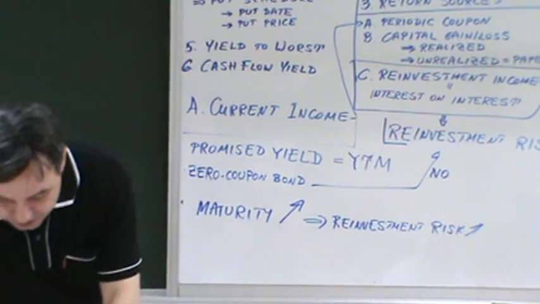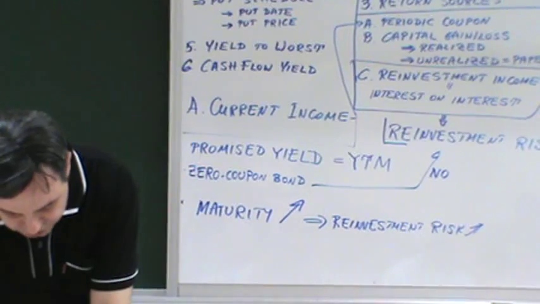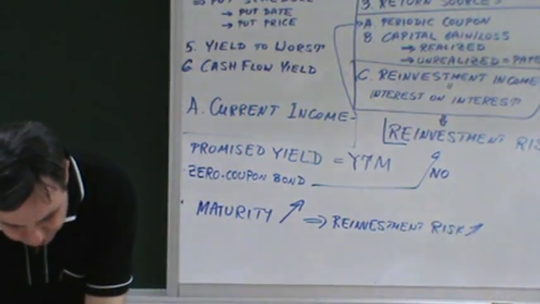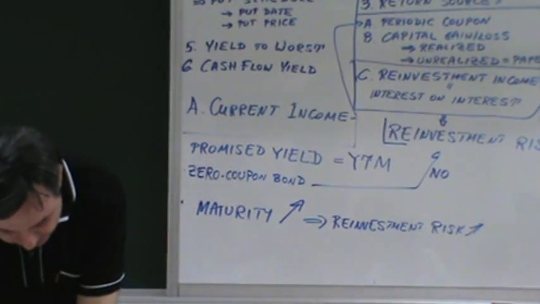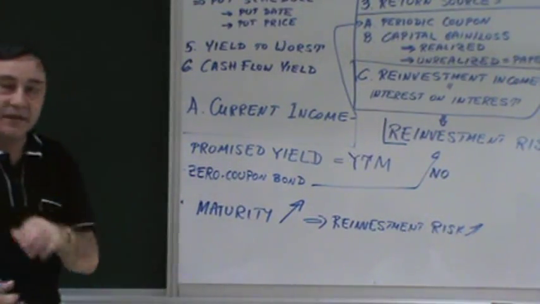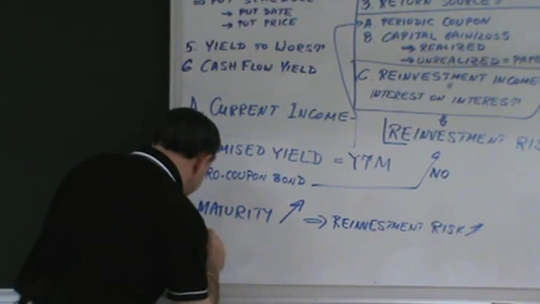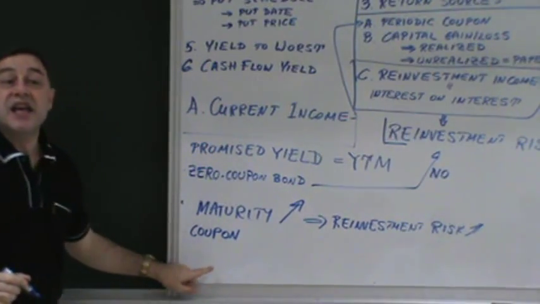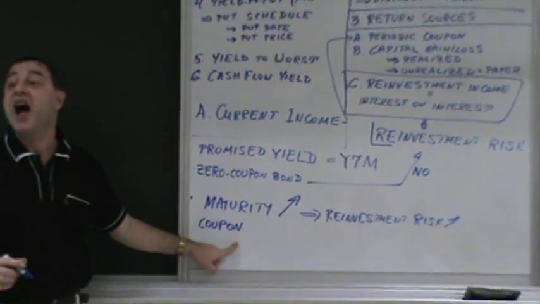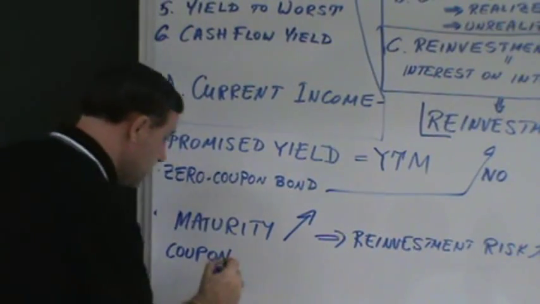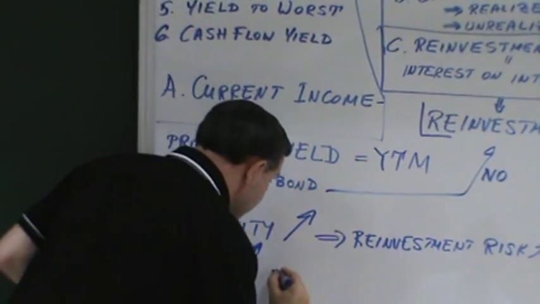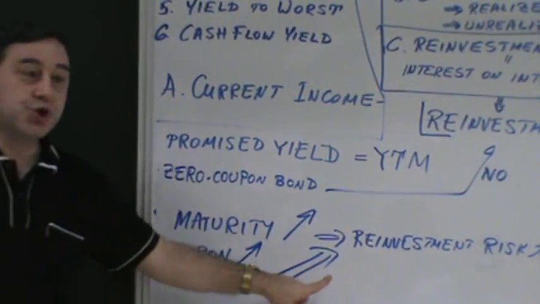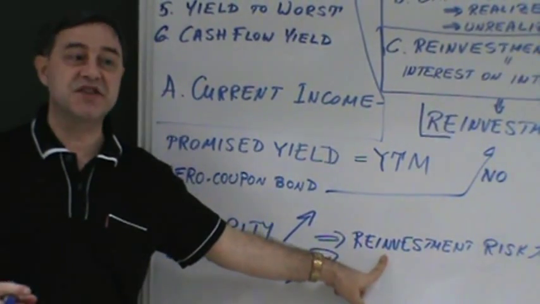All right, let's see what else we have until we finish with this section. The longer the maturity, the greater the reinvestment risk. The next one is, again, very simple, very easy. If the coupon is higher, it will for sure mean that your reinvestment risk is higher.